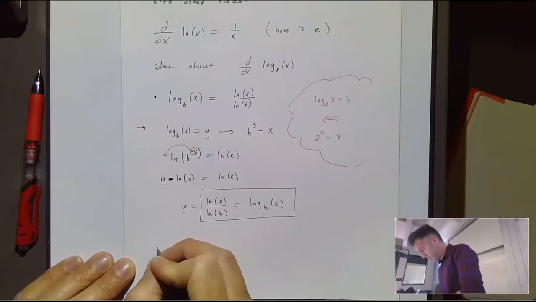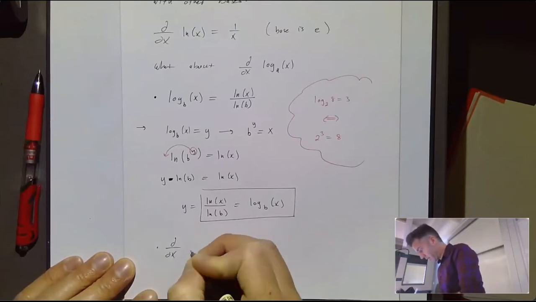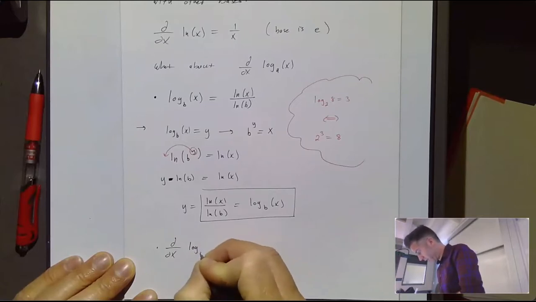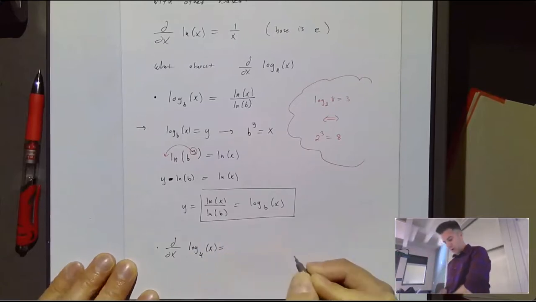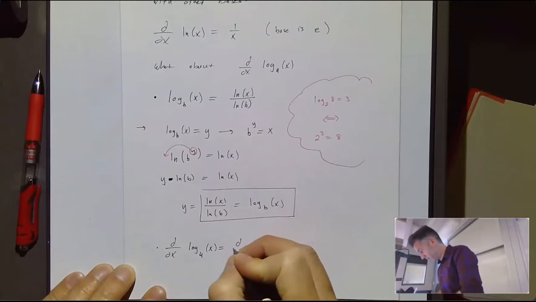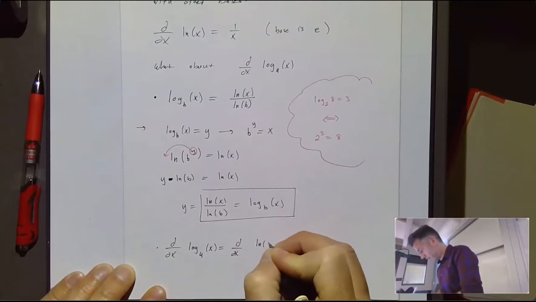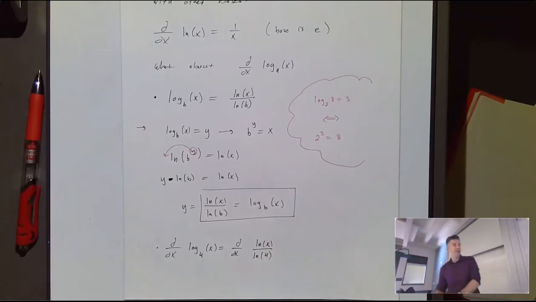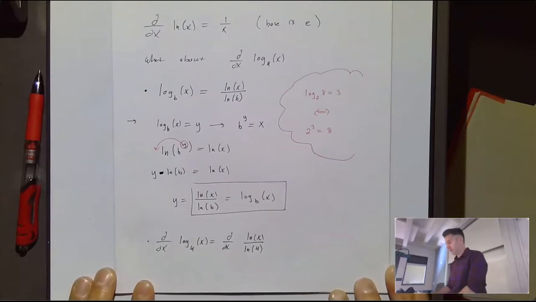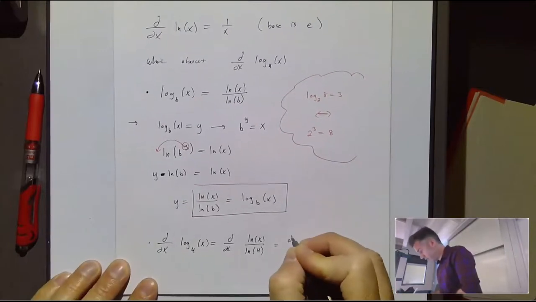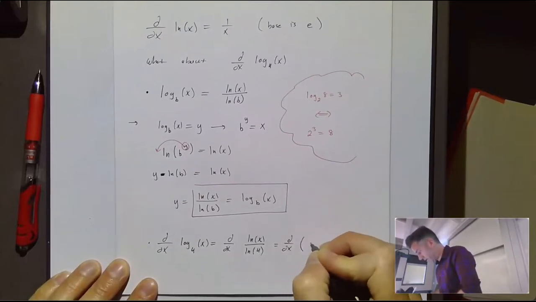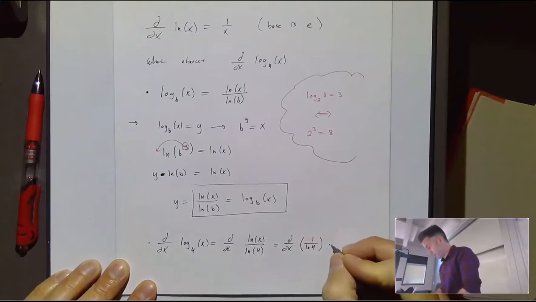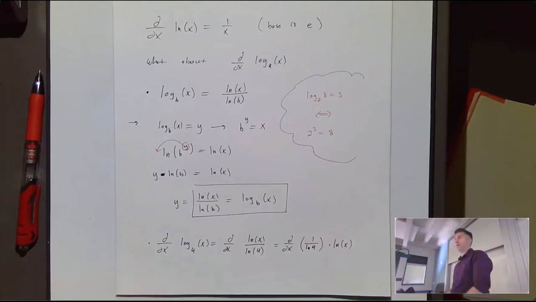Well, if I want to take the derivative of the log base 4 of x, I'm going to rewrite it as the derivative of the natural log of x divided by the natural log of 4. And the great thing here is I don't need to use the quotient rule. That's really just the derivative of a constant, 1 over natural log of 4, times the natural log of x.